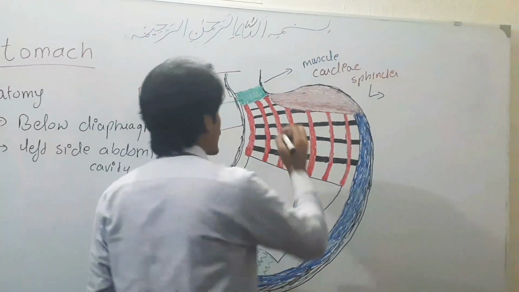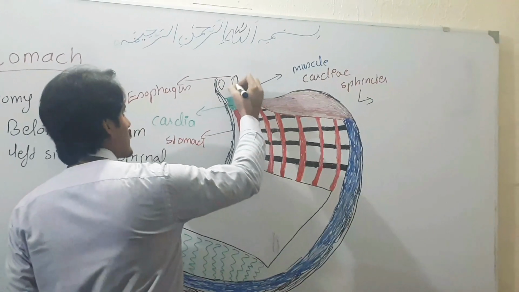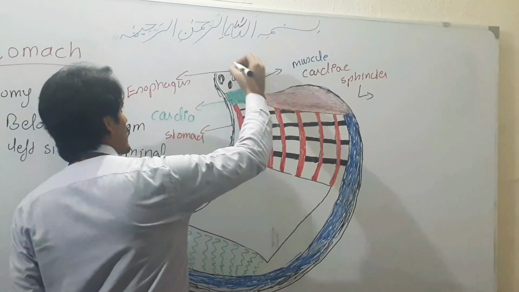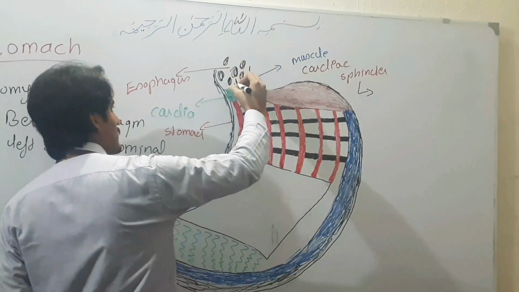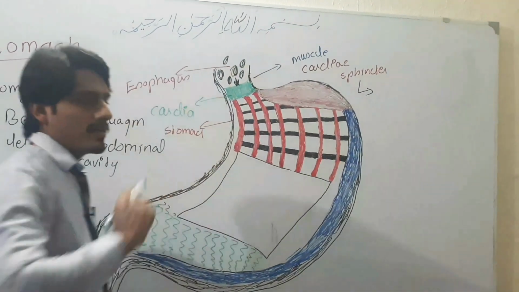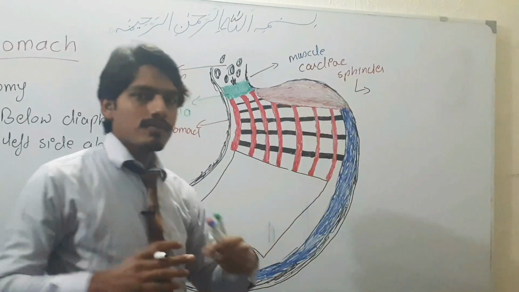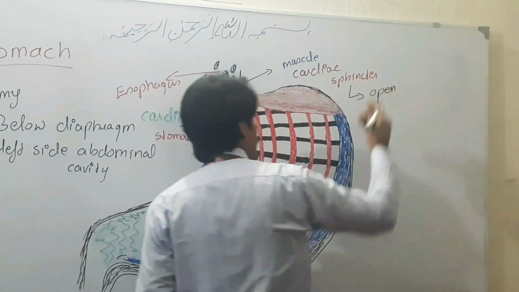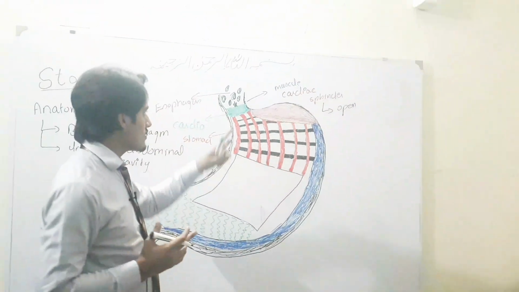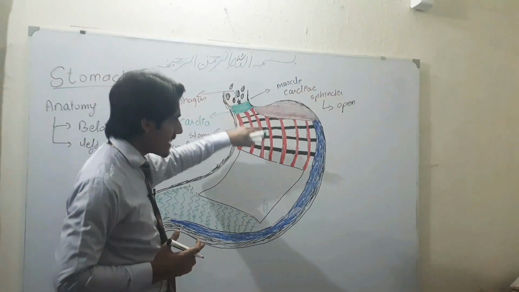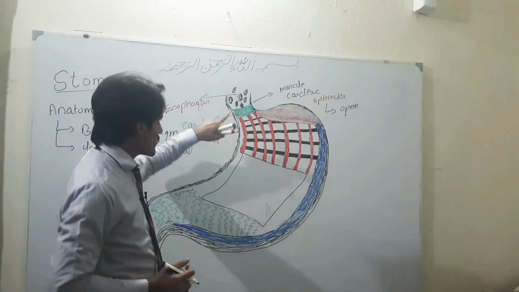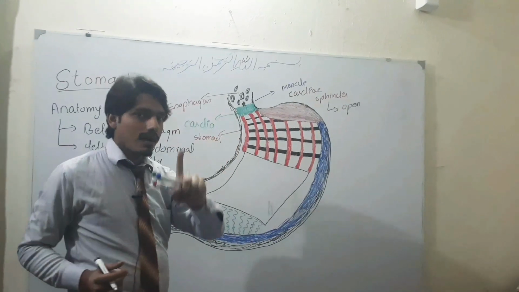When the food comes, let's suppose the food is coming from the esophagus into the stomach, this sphincter will open. When the sphincter opens, the whole food enters into the stomach body. Okay. So this portion is called cardia.